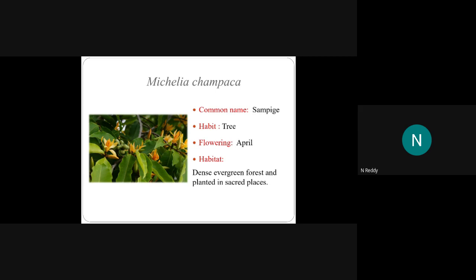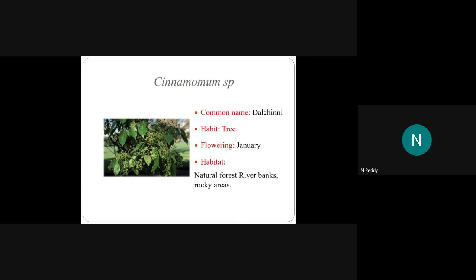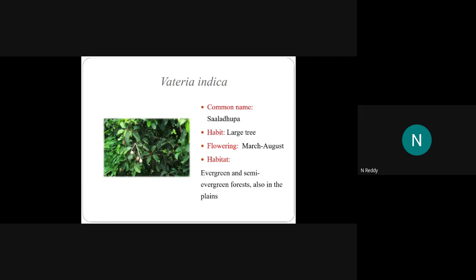So you must know the flowering season of different plant species, which are used as nectar and pollen sources. Cinnamon, clove, nutmeg, even many fruit plants which are not mentioned here.